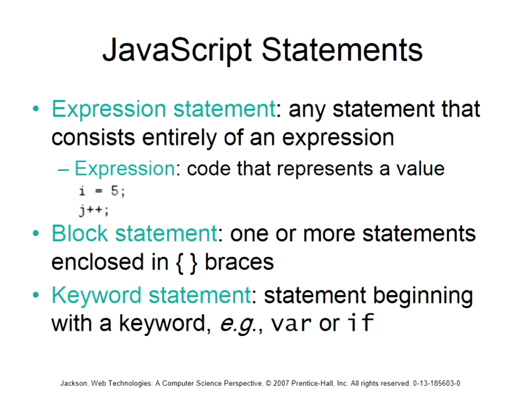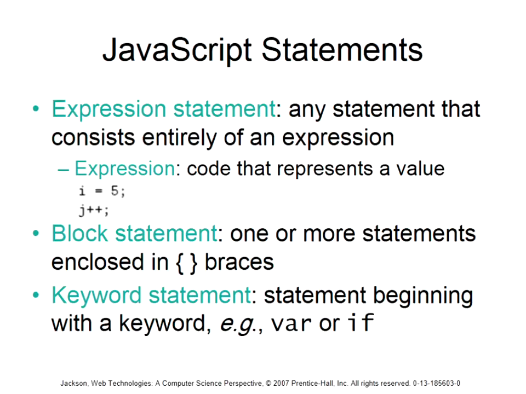Let's move now to JavaScript statements. There is the expression statement, any statement that consists entirely of an expression, for example, i = 5 or j++. Block statement, one or more statements included in braces. For example, if I use the while loop, there are many statements.